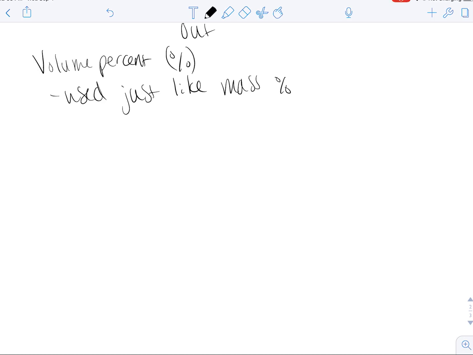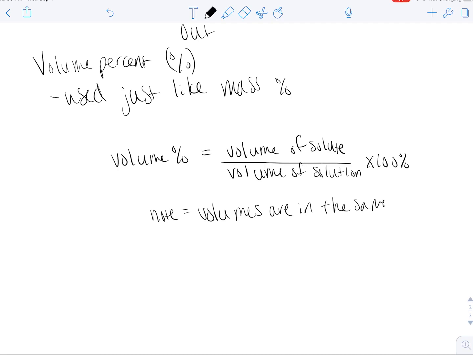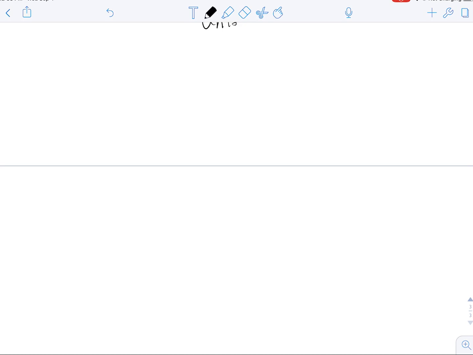And volume percent is equal to volume of your solute divided by volume of solution and times 100. Again, volumes are in the same unit because they must cancel out.